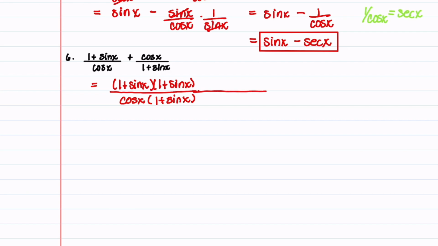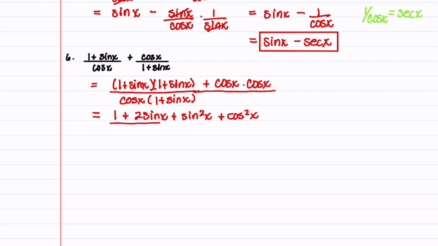Let's extend this line out. And then our cosine x gets multiplied by a cosine x. Let's then multiply these terms out. We have a 1 plus 2 sine x plus sine squared x plus cosine squared x.